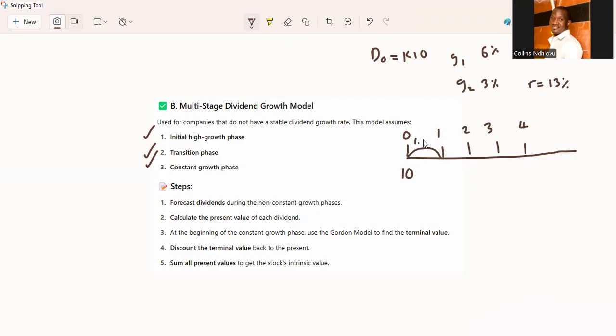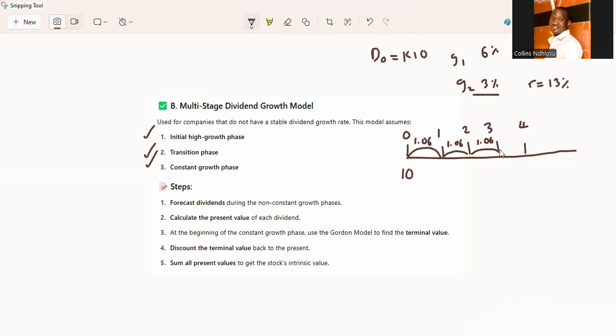So to grow, 1.06. It's growing from 100%, so 1.06. Even from here to here, 1.06. But from year 3 to year 4, what is the growth rate? It drops to 3%.